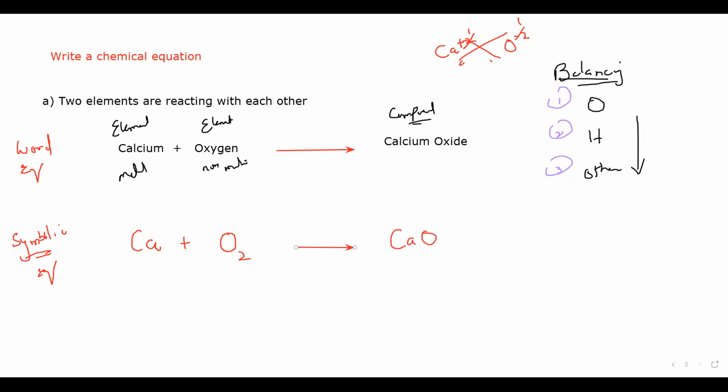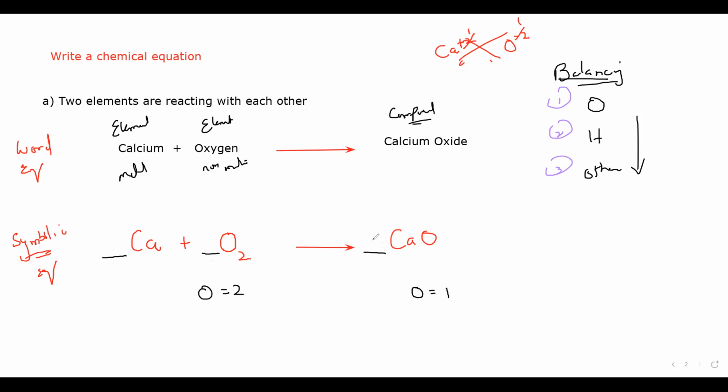For balancing the equation, we start with oxygen, followed by hydrogen, and then any other element. When we try to balance the equation, we can only write a number before the substance. So numbers we can put in the blanks which I made. For oxygen, there are two oxygen on the left hand side, as you can see O2, and there is only one oxygen on the right hand side.